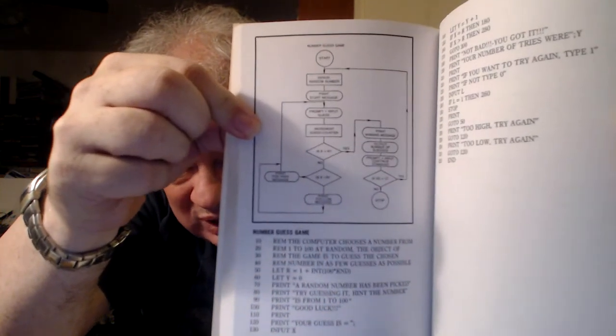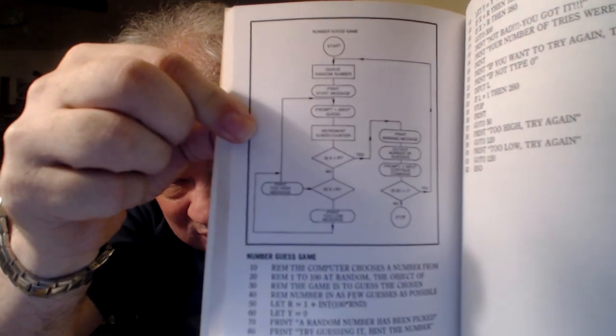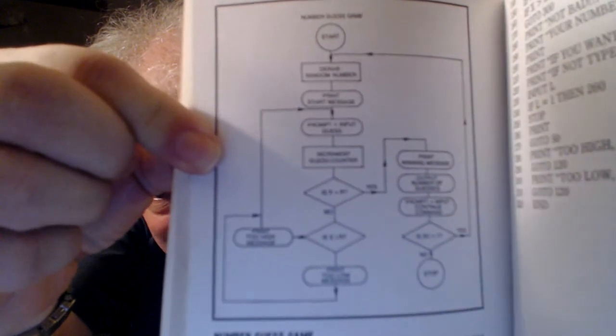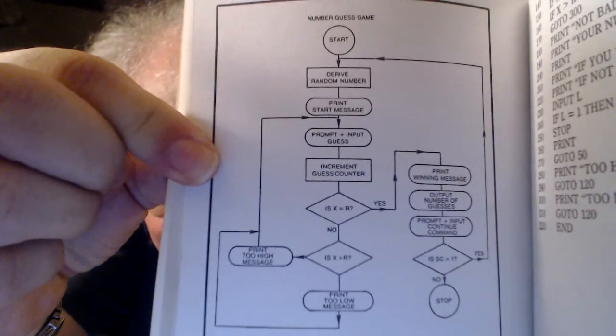BASIC is what we learned when I was in high school, a long time ago in a galaxy far, far away. Class of 77. That's when I graduated high school.